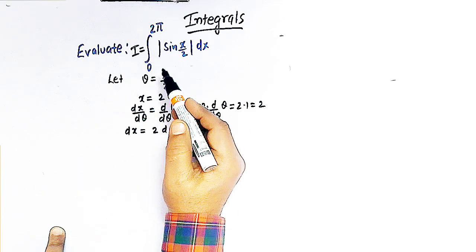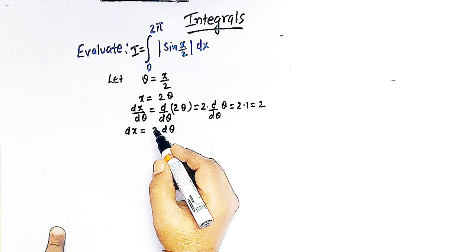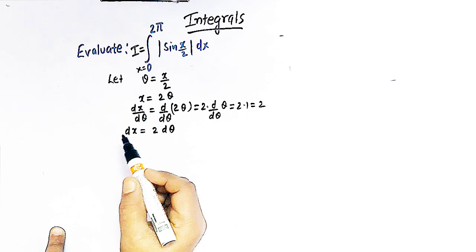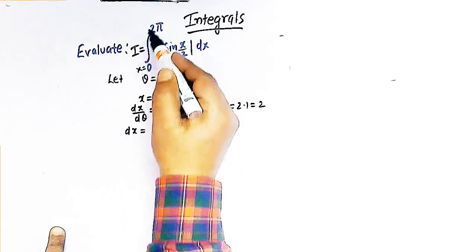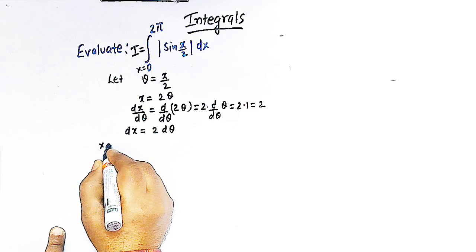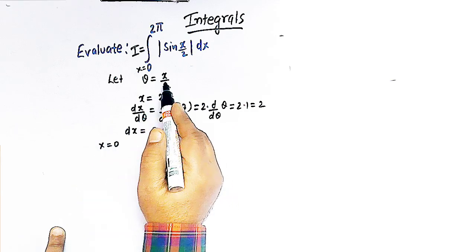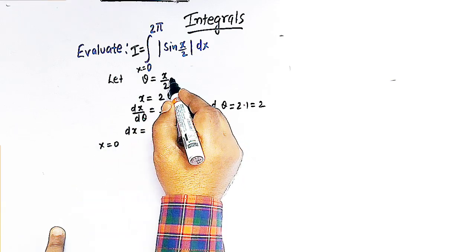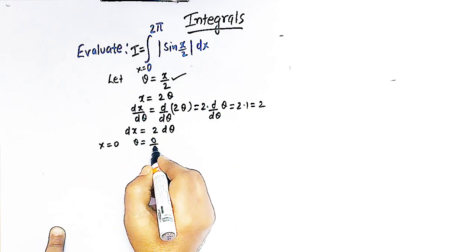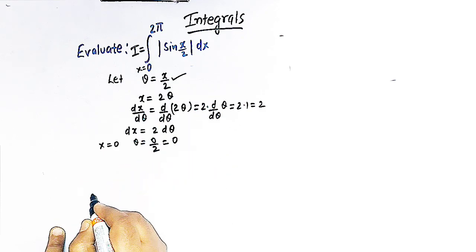Okay, now let us change the limits. So here x varies from 0 to 2 pi. The lower limit is 0, the upper limit is 2 pi. So when x is equal to 0, the value of theta can be obtained from this relation. So theta is 0 over 2, that is equal to 0.